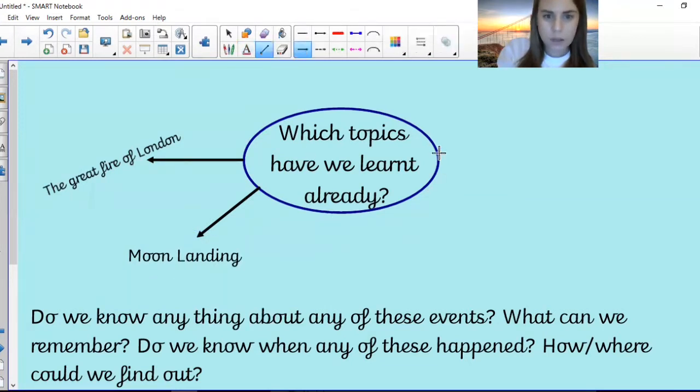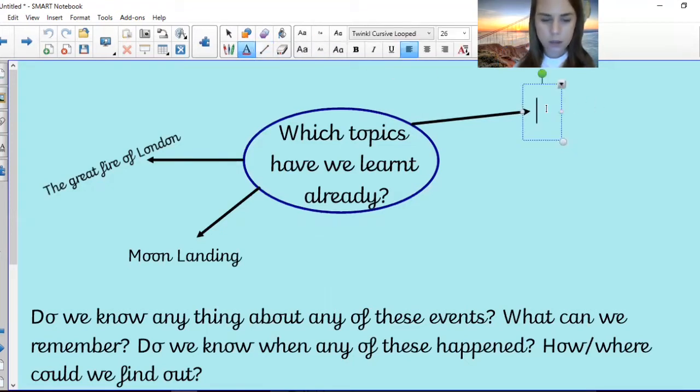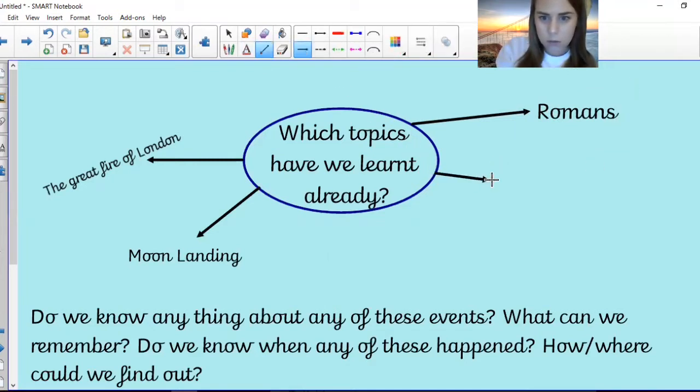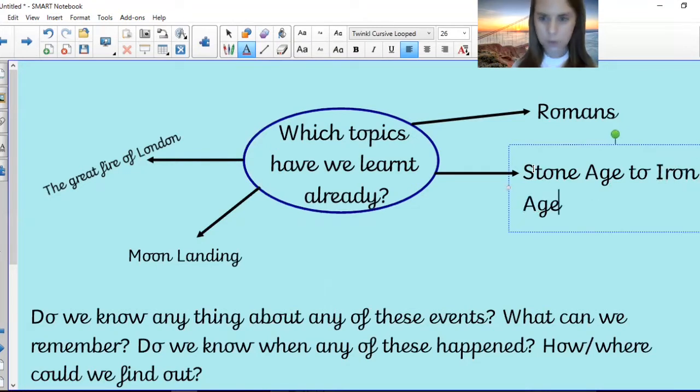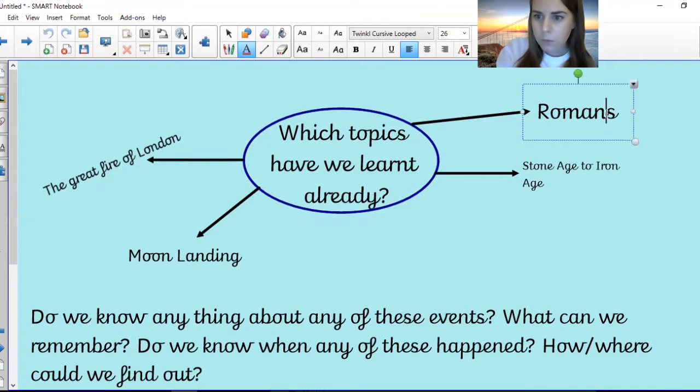We have done, what did we do? Year 3, we did the Romans. We did the Stone Age as well. We did Stone Age to Iron Age, didn't we?